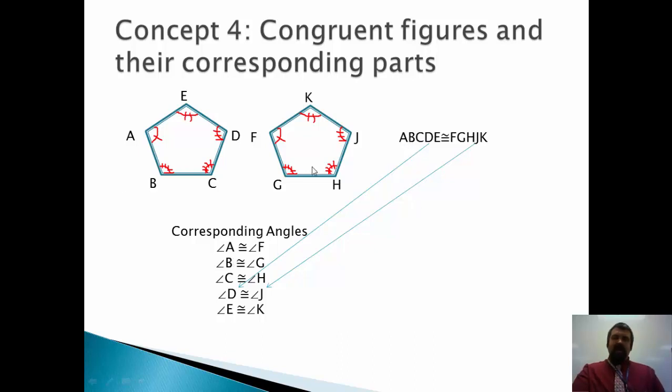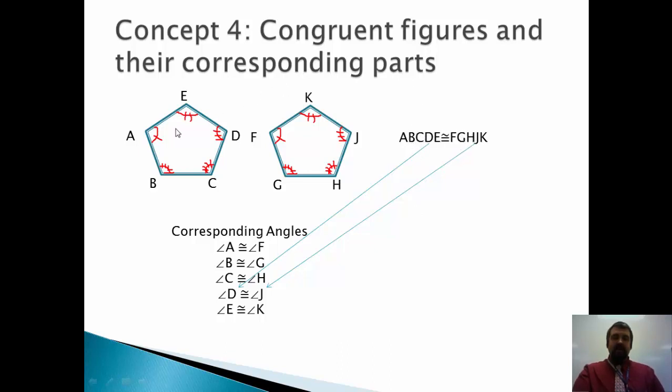Now here's the thing. If I want to say statements are congruent, they have to be in the same corresponding location again. So for instance, if I say segment AB, then I would also choose the first letters over here. Segment FG are congruent to each other. Similarly, segment BC, these two letters, the second and the third, would be congruent to segment GH.